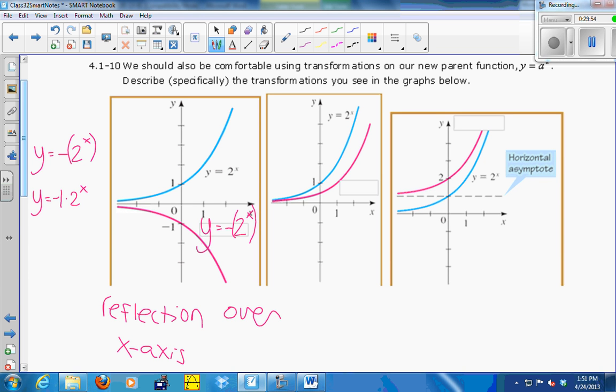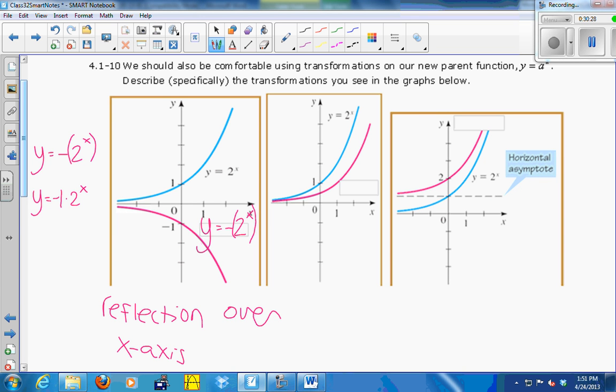I could think of it as a vertical shrink, a horizontal stretch, and the only one that I just heard that it is not is a vertical shift. Because if it was a vertical shift, the whole thing would have had to move up and down, which means my asymptote would have moved, right? So if I had shifted the blue graph down, my asymptote would have shifted down also. So I can rule out vertical shift.